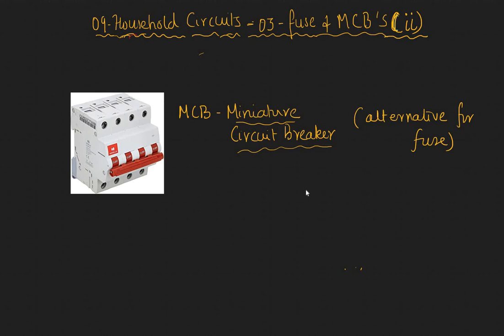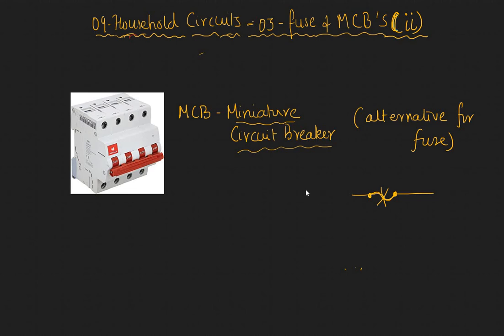The problem with the fuse is that once the fuse wire melts and it breaks the circuit, it's very difficult to get a fuse wire of exactly the same fuse rating, and you have to rewire your fuse, like what we saw previously. So to avoid that, we use MCBs, and MCBs work on a different principle.